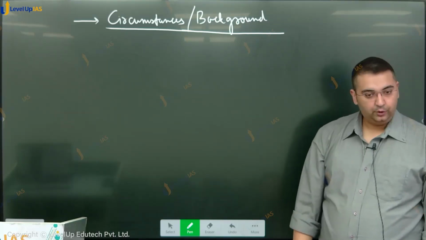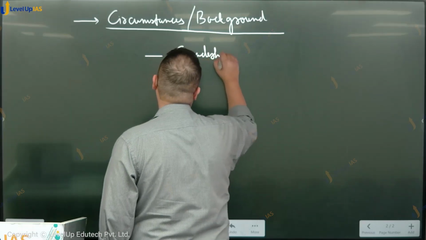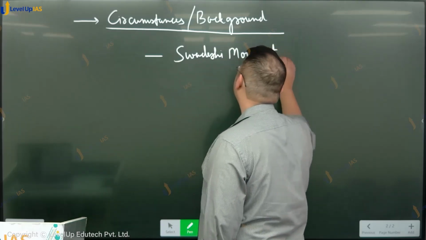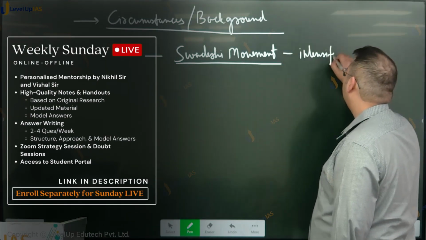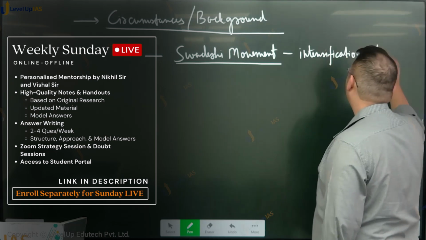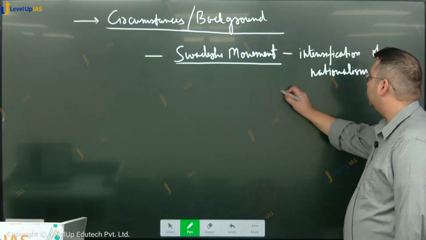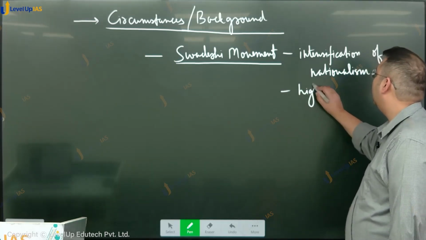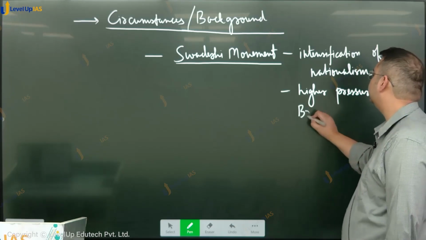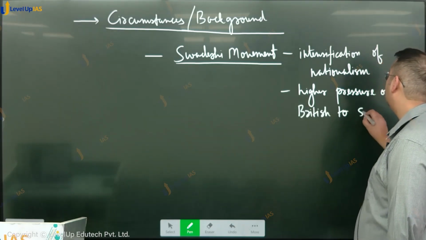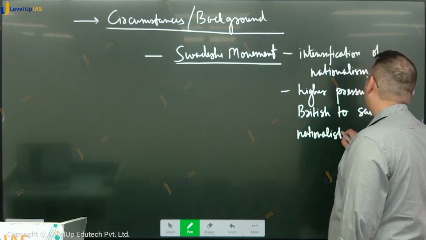Okay? So in the recent years, a few important developments had taken place, such as the Swadeshi movement, which had resulted in the intensification of nationalism, that had exerted higher pressure on the British to satisfy nationalist aspirations.